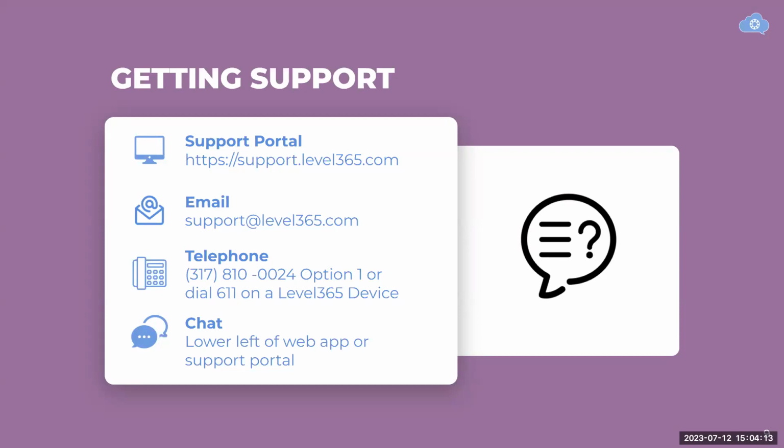We hope to have that completed in the next couple months. And then you can also reach us at our email address, support@level365.com, or by telephone from a couple different options. You have our main support number, 317-810-0024, option 1, or from any Level 365 device, whether that's a web phone, mobile app, or a desk phone, dialing 611 will also get you directly to us.